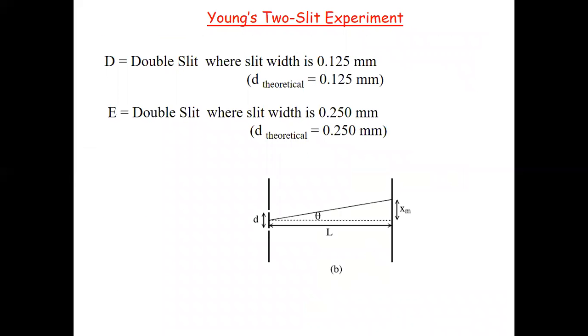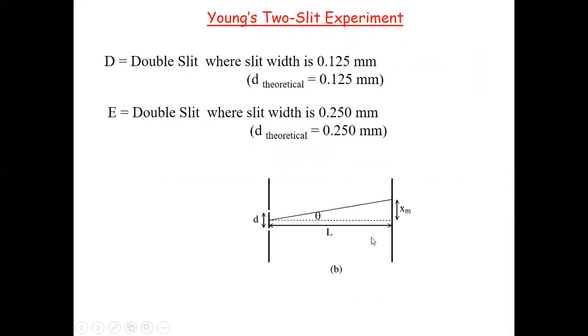Maybe you have learned this already in class, Young's two-slit experiment, or Young's double-slit experiment. To get an idea about this experiment, we are using two double slits with different sizes. Double slit D has a theoretical slit width of 0.125 millimeters, and slit E has a slit width of 0.250 millimeters.